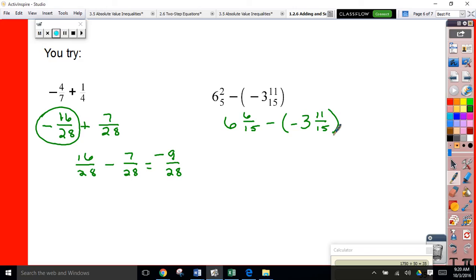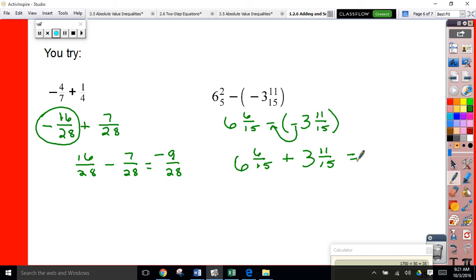I'm not going to subtract. Keelan? Good. This negative is going to go over and connect with this negative. Minus and negative always means positive. So 6 and 6/15 plus 3 and 11/15.